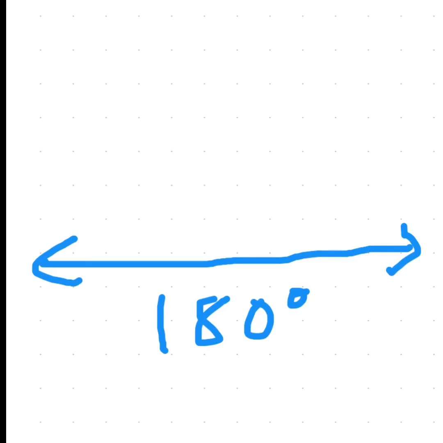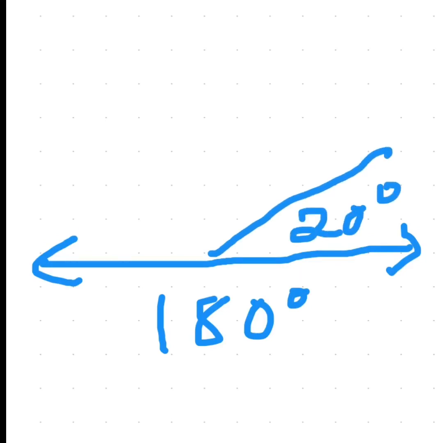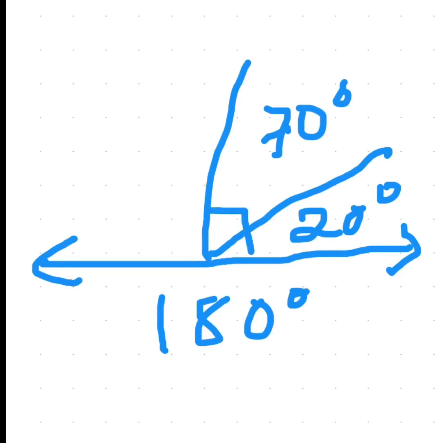So the first angle we were given was 20 degrees. And the next angle was 70 degrees. And if you look, 70 plus 20 is 90. So we know that that is at least half of our line.